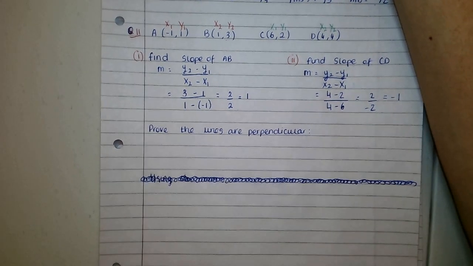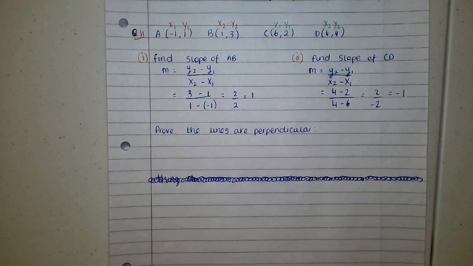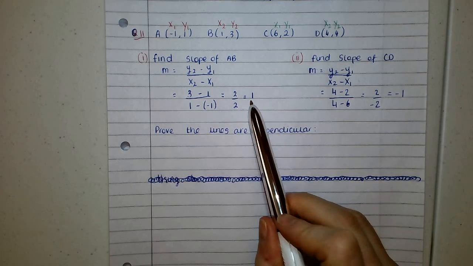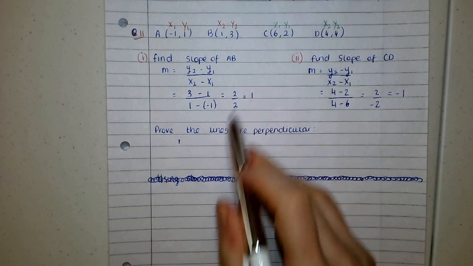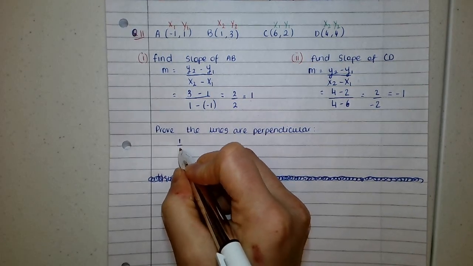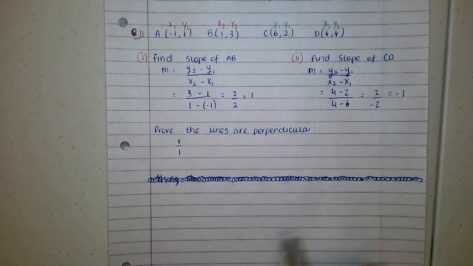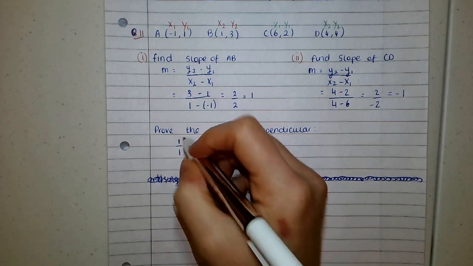The last part of the question asks us to prove that the lines are perpendicular. In order to find a line perpendicular to this one, if you imagine that 1 written as a fraction is just 1 over 1. We can write any whole number as a fraction by simply putting it over 1.